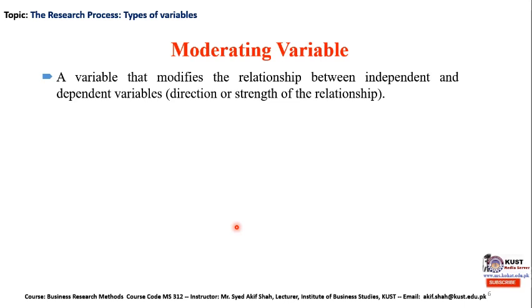When their father is seated with them in the same drawing room, that frank relationship between the two brothers will ultimately be transformed into a formal relationship. So the entry of the father in this case surfaces as a moderating variable which has influenced the relationship between the two brothers.